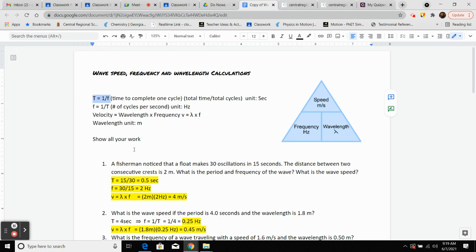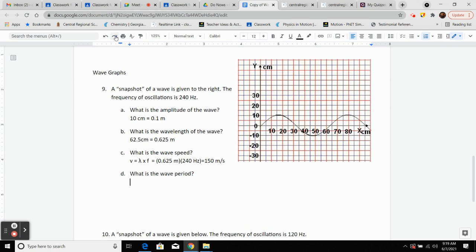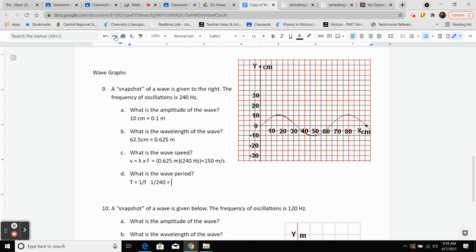So what do I have highlighted up here? T equals 1 over F. Good. So to find period, if you have frequency, you just do 1 divided by frequency. Do we have the frequency? Yeah, it's 240. So we're going to do 1 over F, or 1 divided by 240, which is going to come out to roughly 0.0042 seconds.